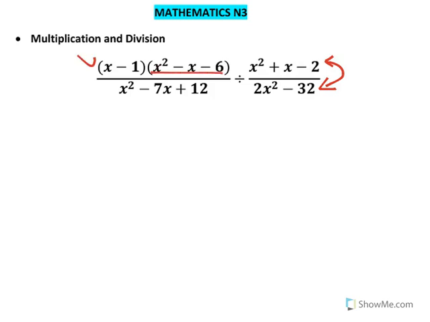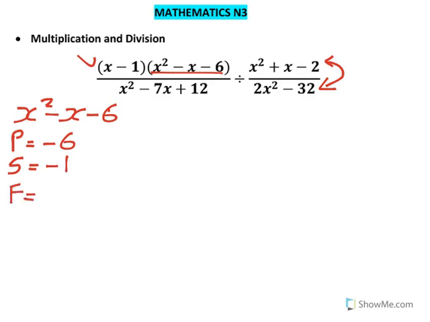Now the interesting one is x squared minus x minus 6. If you look at the product is minus 6. Look at the sum is minus 1. And what are the factors? If you do it quickly, the factors will be a negative 3 and a 2.